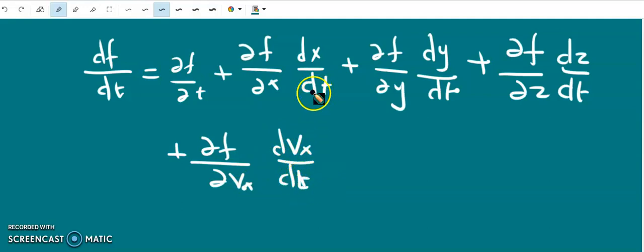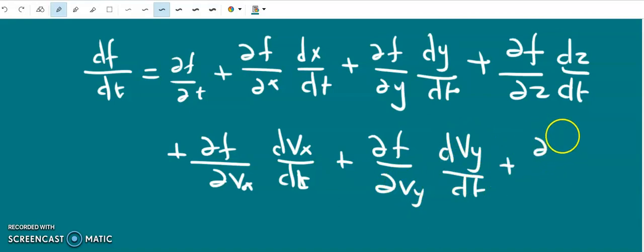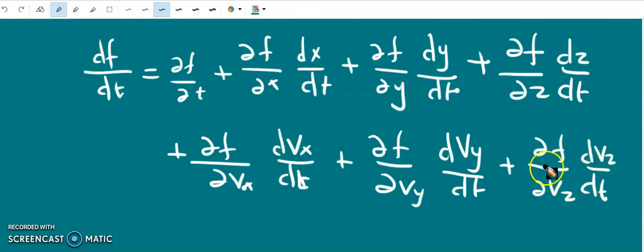Vx is also a function of t. Next term is dou f by dou vy into dvy by dt plus dou f by dou vz into dvz by dt. These are the terms that come.